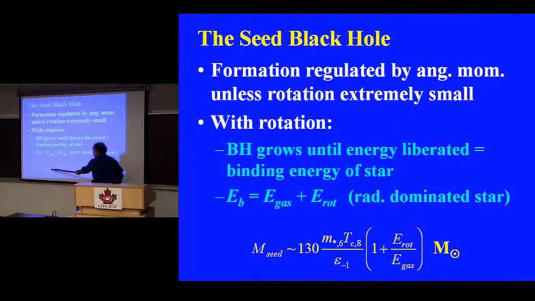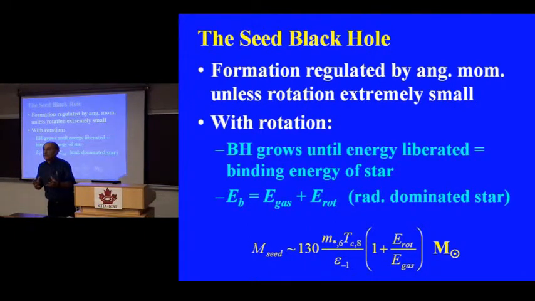And so the amount of energy liberated by a black hole, if it releases energy at 10% of mc^2, is only going to be a few hundred solar masses at the time that the first seed black hole forms. In forming a few hundred solar mass black hole, you liberate enough energy to basically blow the envelope apart.